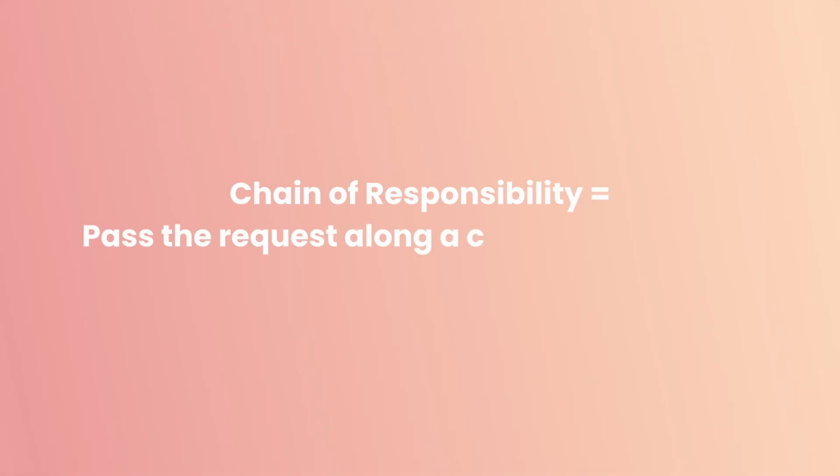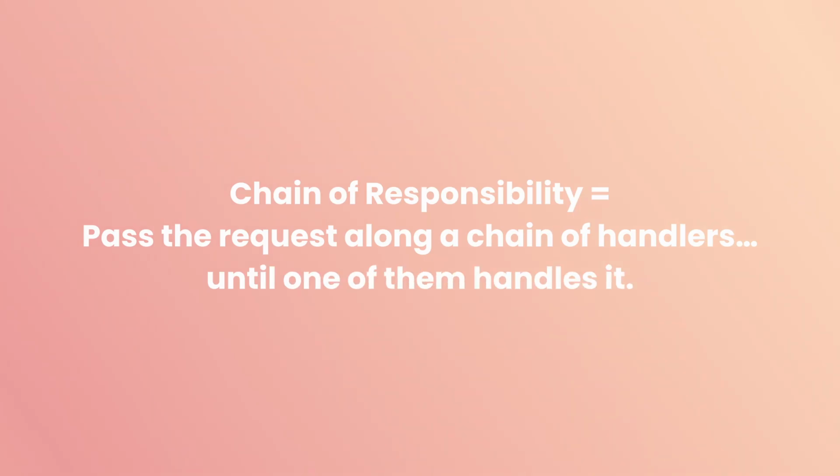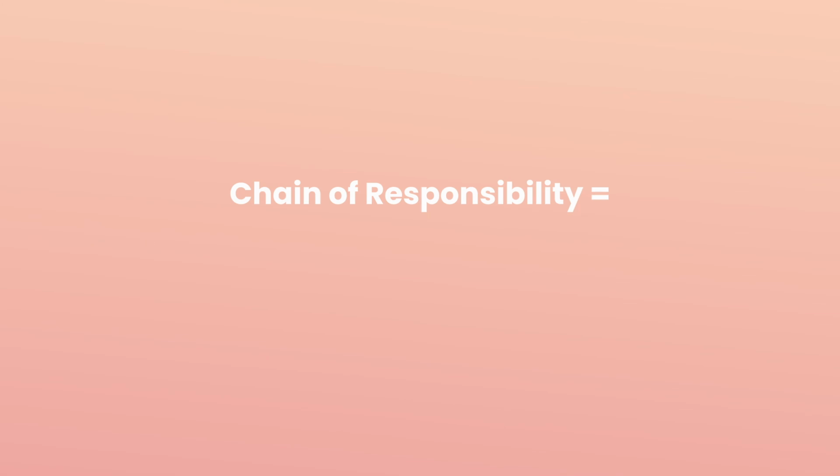This is exactly where chain of responsibility walks in like a senior dev. Coffee in one hand and laptop in the other. But before we code, let me explain the idea in one simple line. Ready? Chain of responsibility equals pass the request along a chain of handlers until one of them handles it.